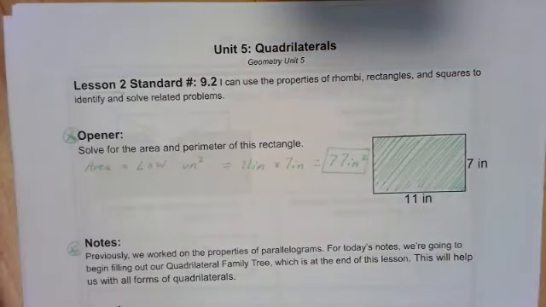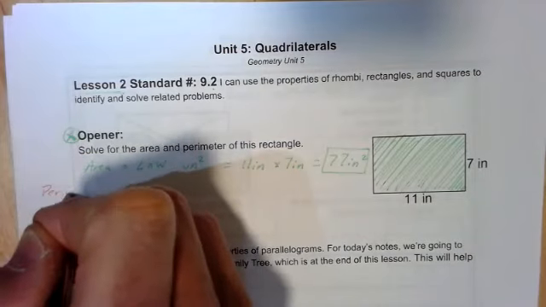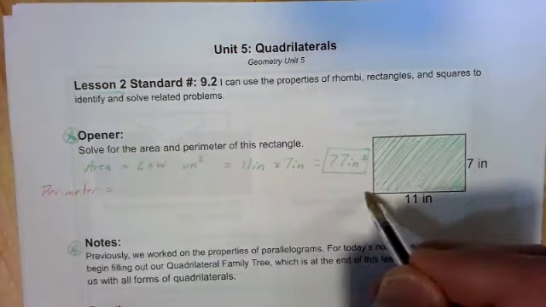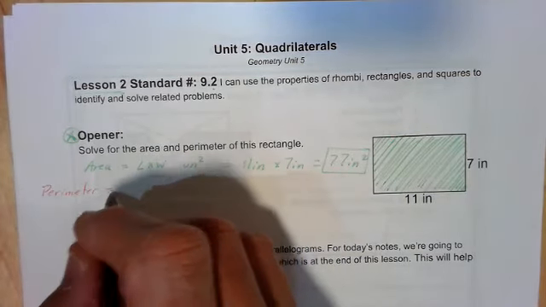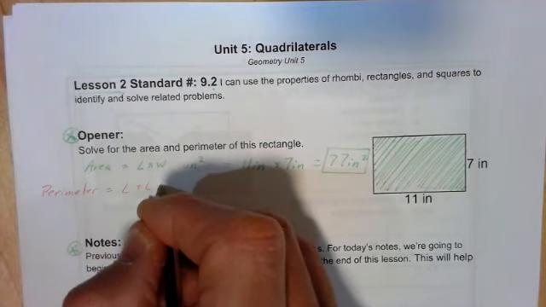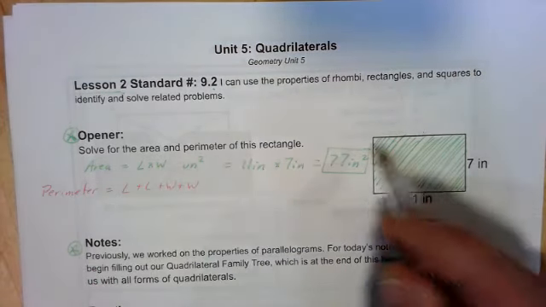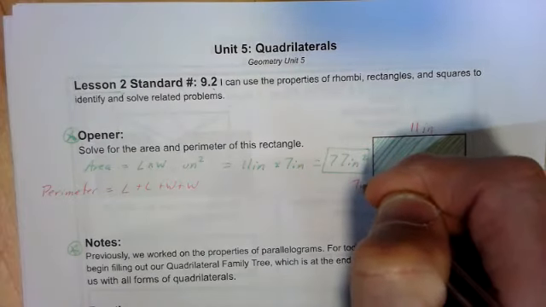And then the perimeter is equal to the distance all the way around the shape. So that's going to be the length plus the length plus the width plus the width, because in a rectangle, we know that opposite sides are equal to each other. So here we have 11 inches and here we have 7 inches.